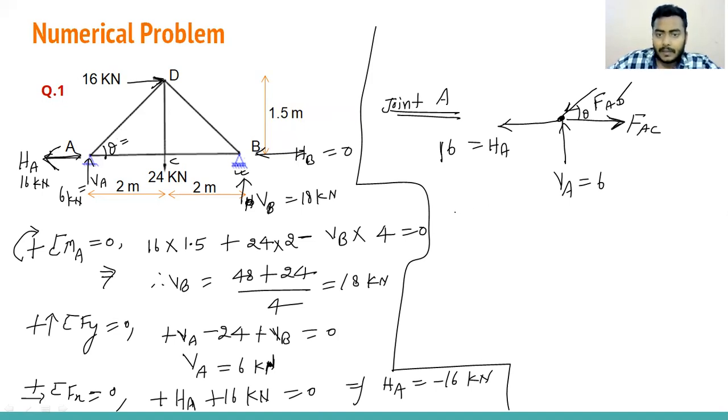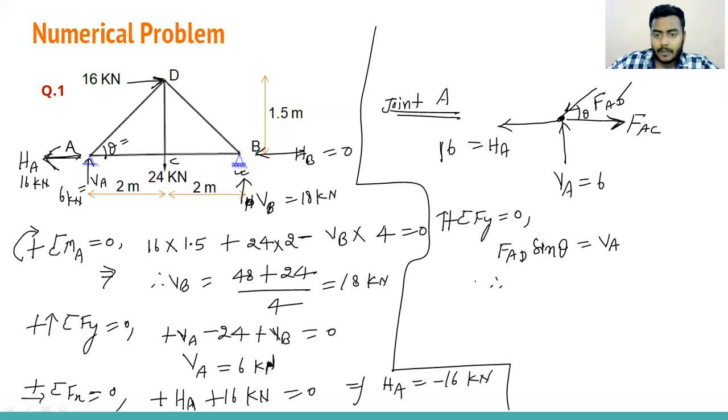Now apply summation, and break the components. I'm writing upward direction is positive, summation of Fy will be 0 at joint A. So we can write FAD sine theta equal to VA.